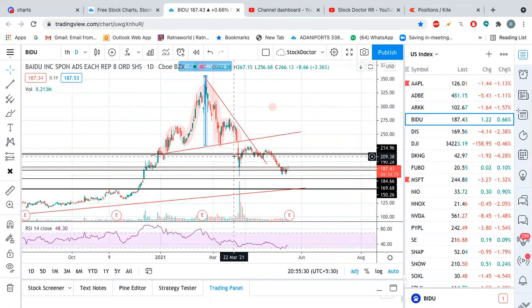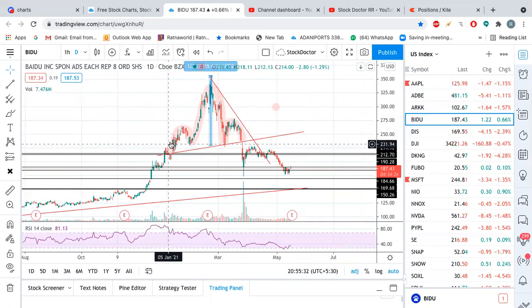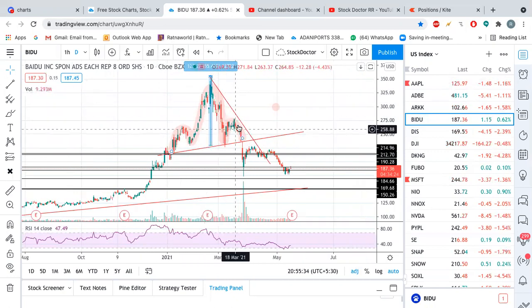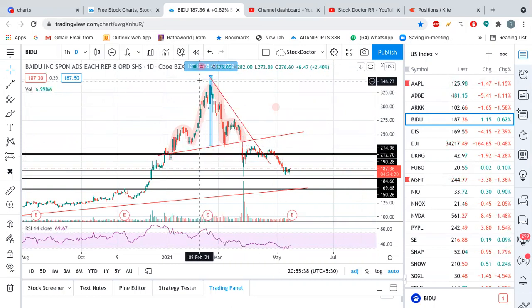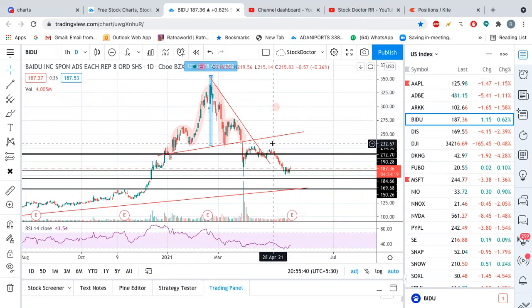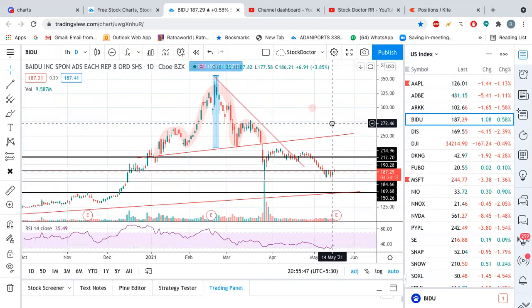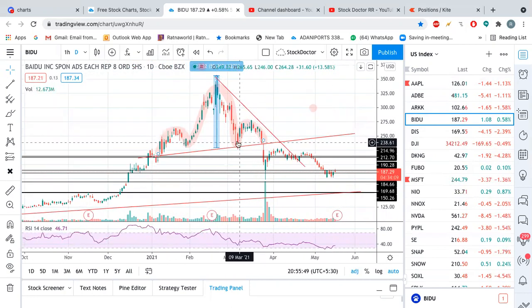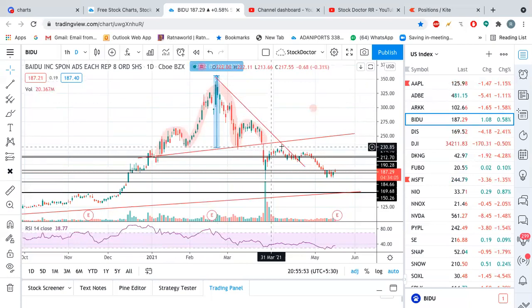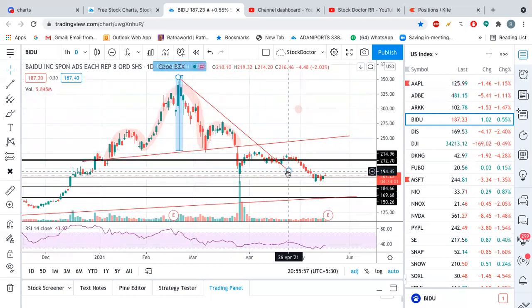So the next stock is Baidu. For Baidu, you can see here, it had a head and shoulder pattern, and it broke that pattern and now it is going down, because as we all know, when a head and shoulder pattern completes and breaks, whatever the size of the head is, it is going to create that move towards the bottom.